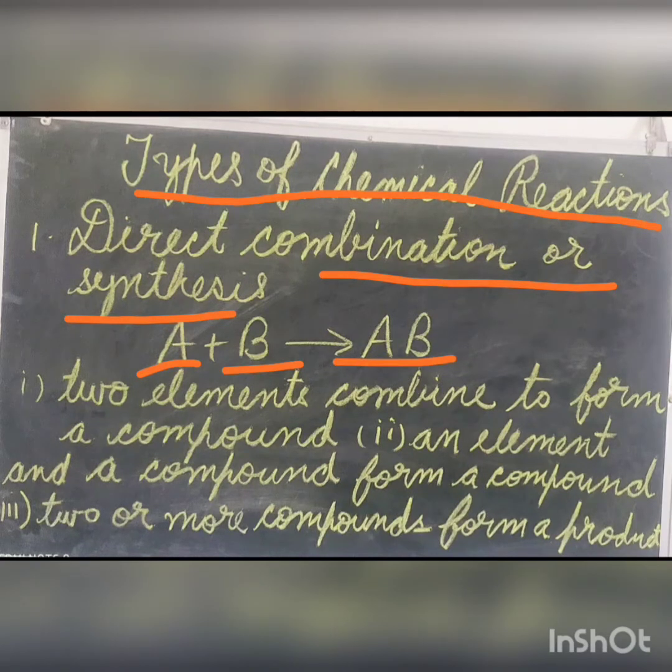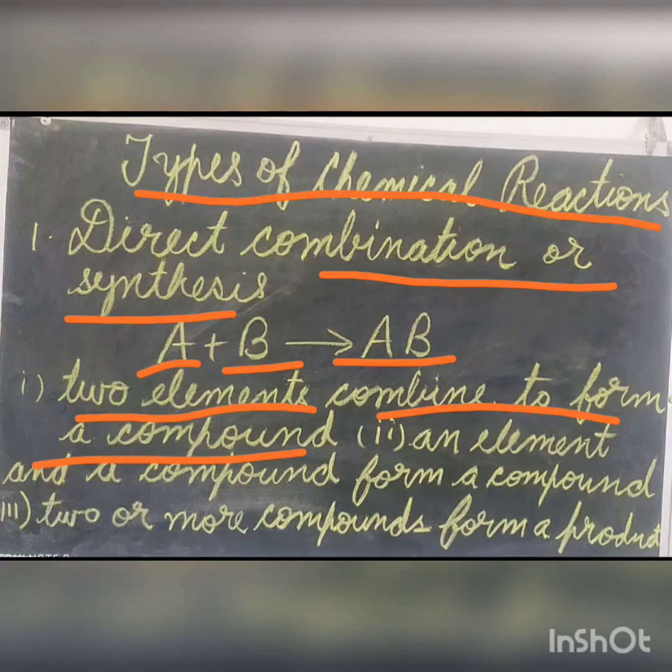In combination reactions, there are a variety of reactions like 2 elements combine to form a single compound. For example, carbon burns in oxygen to form a gaseous compound, carbon dioxide. C plus O2 gives CO2.